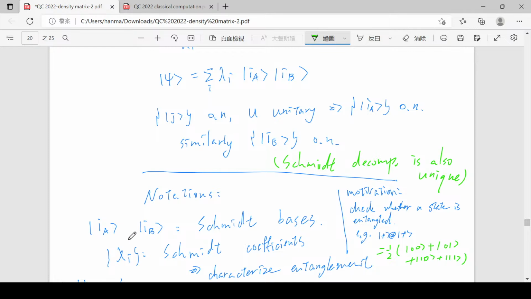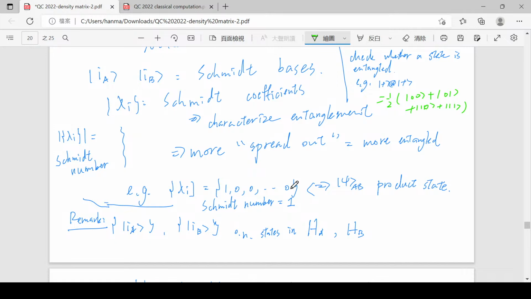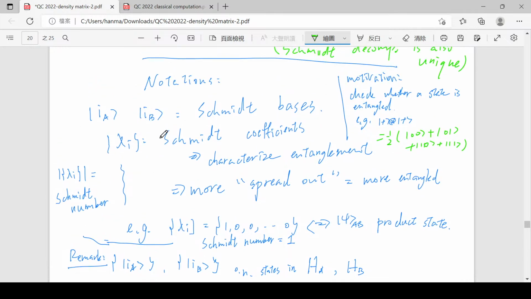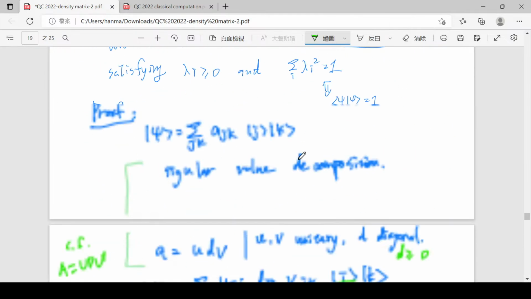It is a unique basis corresponding to your state psi AB, and those lambda I are called Schmidt coefficients. The whole set of them are called Schmidt numbers. I think coefficient and number are probably a little interchangeable. But anyway, as we said, those Schmidt coefficients characterize the entanglement of your composite pure state.